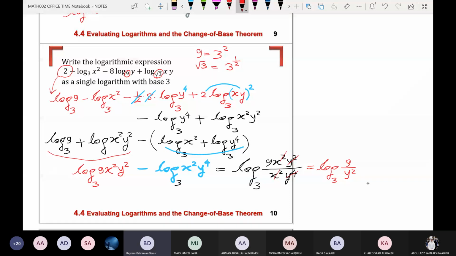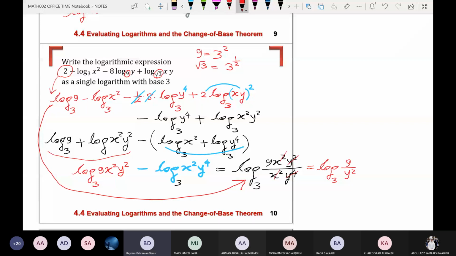So you can come from this step directly to here, Shabab, without writing too much again and again. I am just writing all the steps to make sure that you understand what is happening at the end.